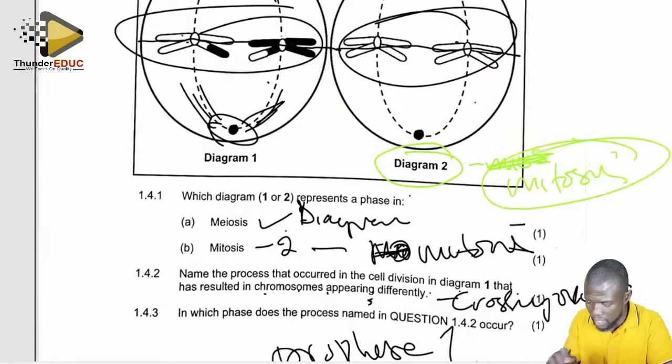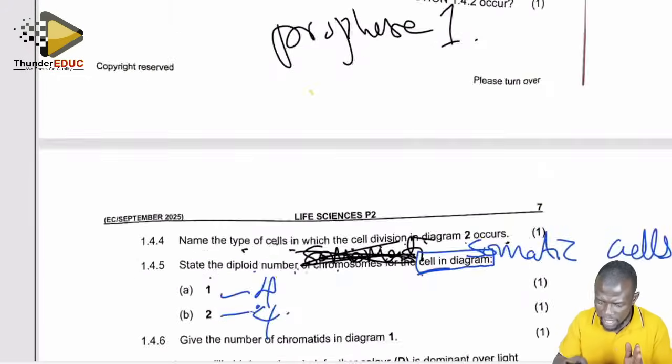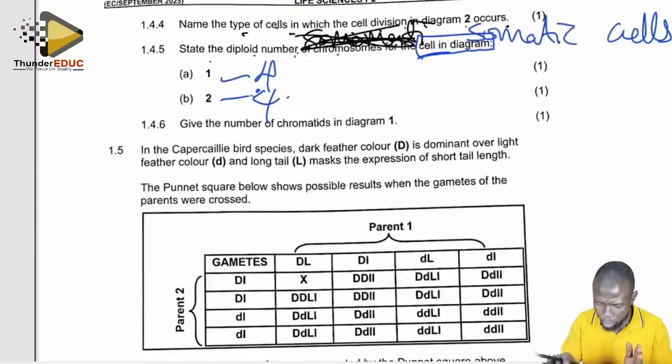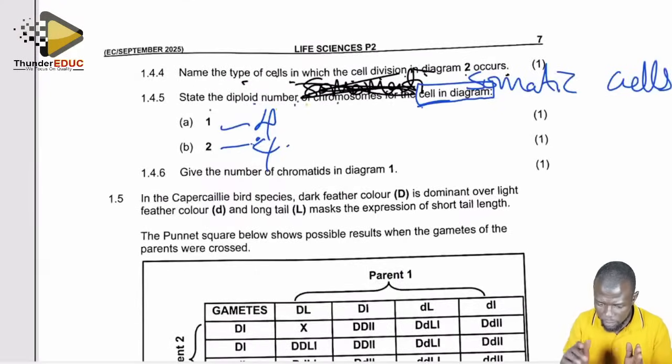Mitosis doesn't change the number of chromosomes. So if it is 2, they're going to be 2 from the beginning until the end. If they're saying diploid number and here I'm seeing 2, so it means that this is not 4. This is going to be 2.